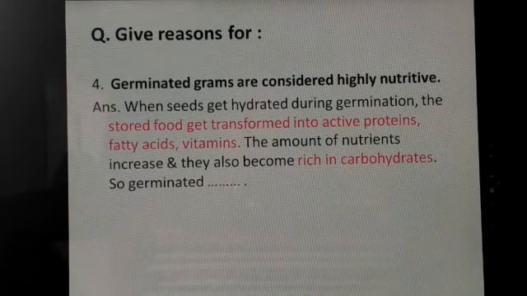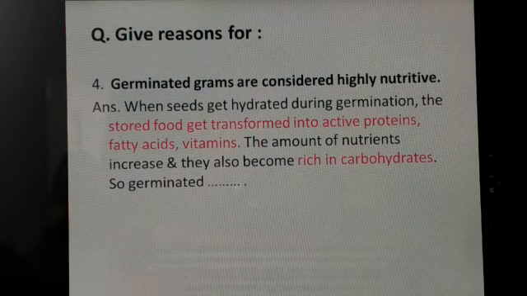And the amount of nutrients also increases, and they become rich in carbohydrates. So germinated grams are rich in proteins, fatty acids, vitamins, carbohydrates, minerals. So thus germinated grams are considered highly nutritive.